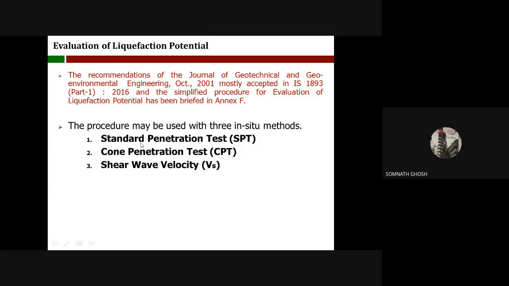These methods are based on either the standard penetration test SPT value, or the cone penetration test CPT value, or the shear wave velocity value.